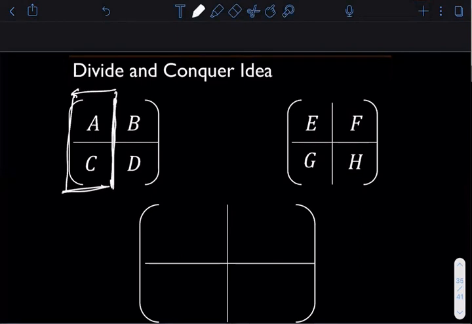Remember, we are only interested in multiplying square matrices. So the recursive call that you are going to do will involve rectangular matrices, and that is something we want to avoid. We still want to be able to call the recursive subroutines on square matrices. That's why we are dividing up into quadrants.